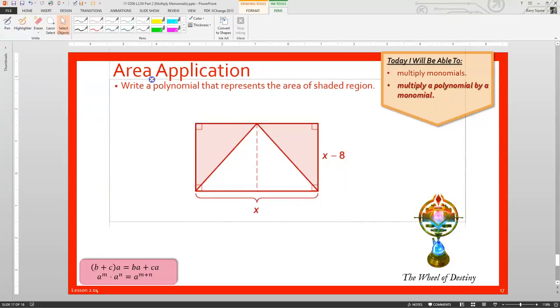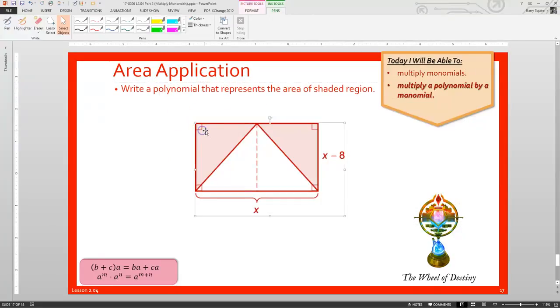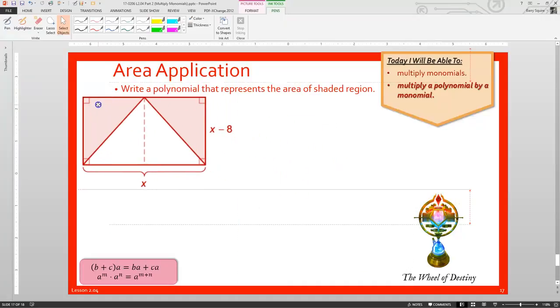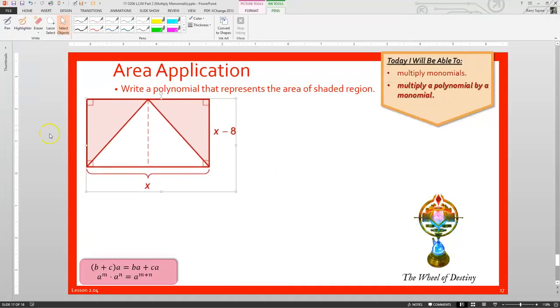I'm going to start out with what might be the most straightforward way. So we want to write a polynomial that represents the area of just this shaded area. So it's that and that.